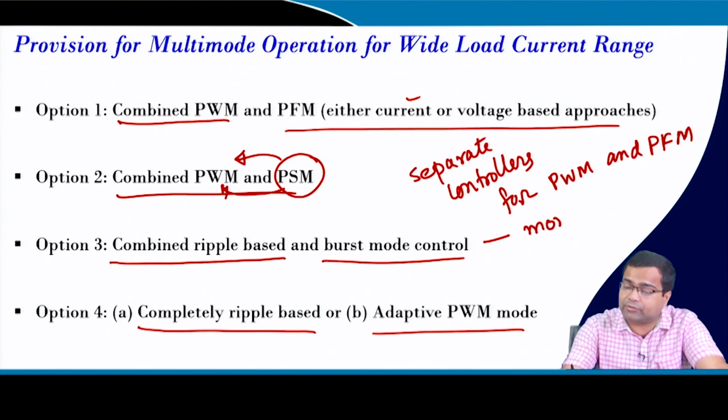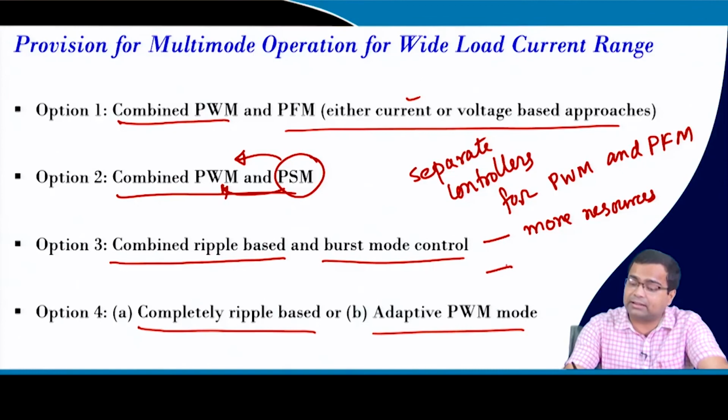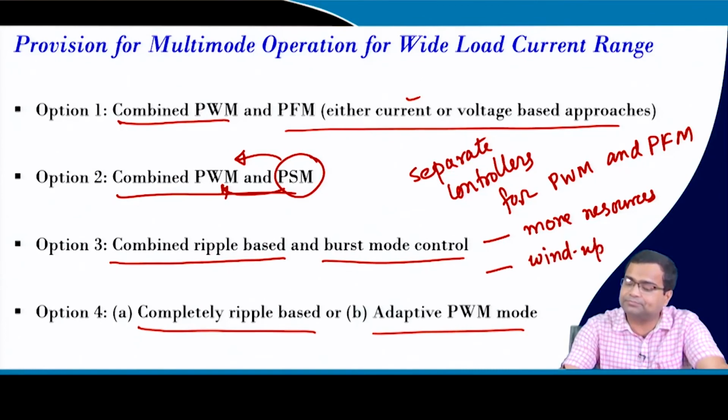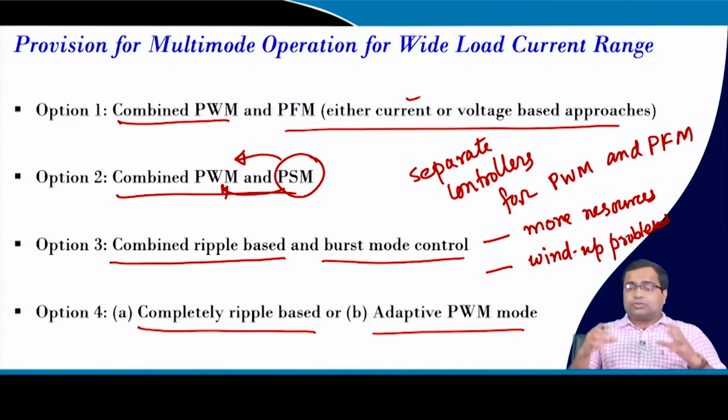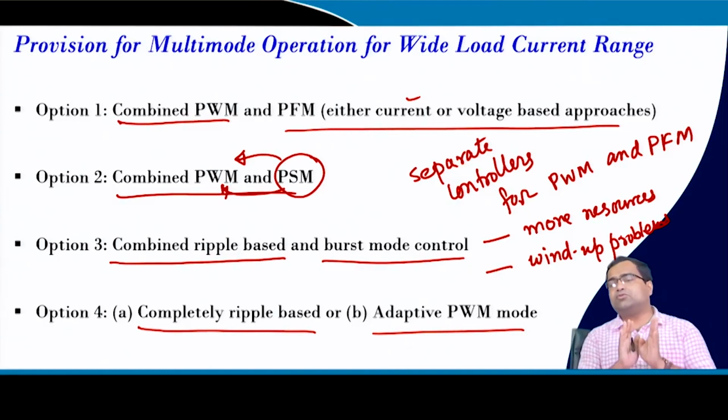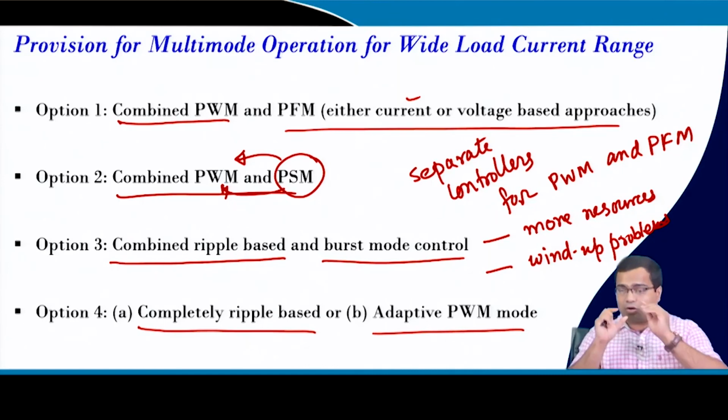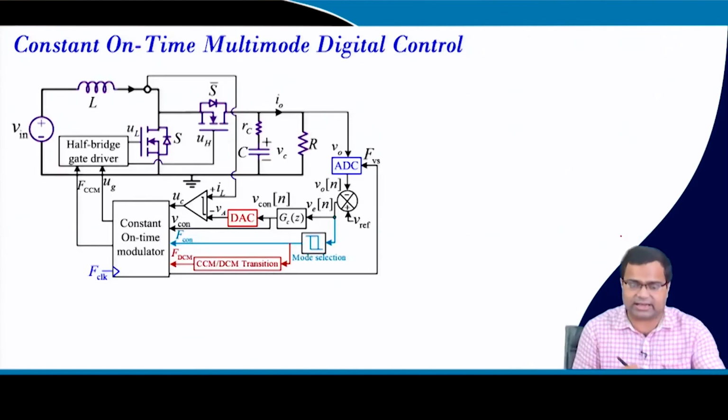More resources are required, and there can be a wind up problem when you change from one controller to the other controller. So in order to avoid wind up, that means if you want to achieve anti wind up or smooth transition, or if you want to save resources, the best way is to use a single controller, or at least a single voltage controller for the whole operation of multi-mode, and that is what we are going to show in this technique.